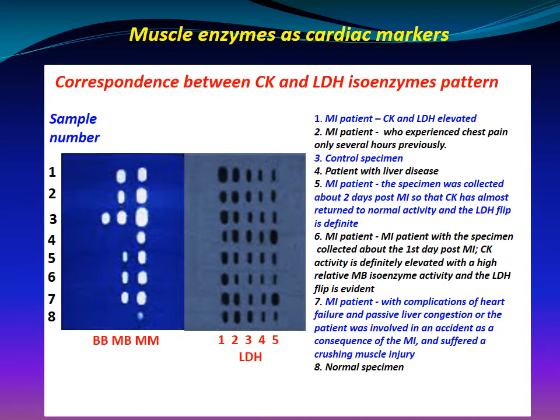Sample 2 results are from a myocardial infarction patient who experienced chest pain only several hours previously. Total CK is significantly elevated with a high relative MB isoenzyme activity. Sample 4 results are from a patient with liver disease.